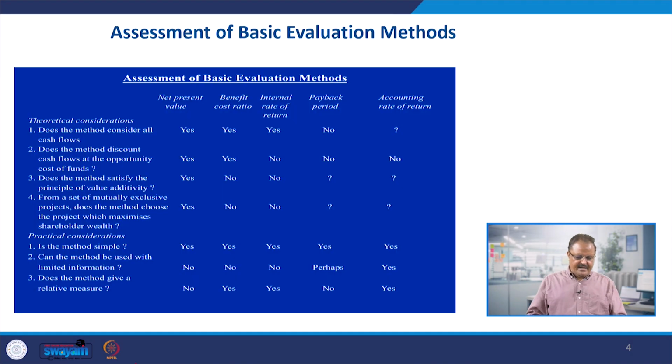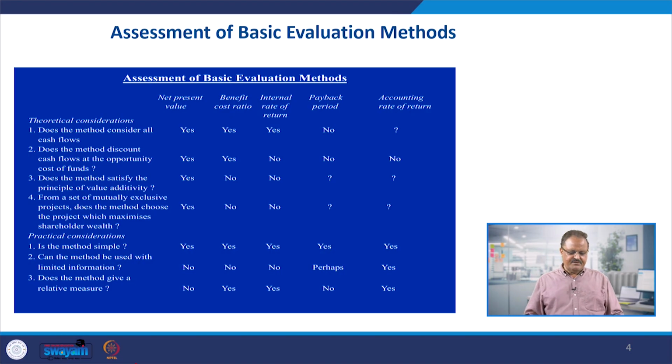Here is some quick assessment of basic evaluation methods, which one is good and which one is not good. So people may ask which one out of the 4 or 5 methods is good to use, practically how the companies or people are using it. So which one is better and which one normally we should use. And as an entrepreneur or maybe as a project promoter, it would be the question from your side, because you have not used it in the past.